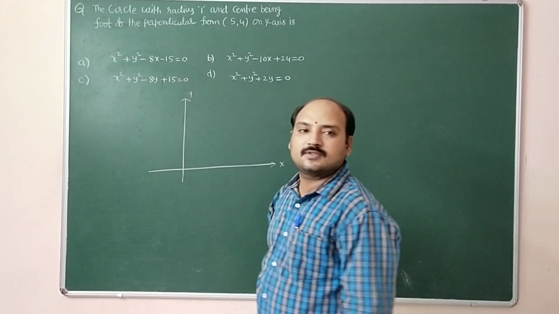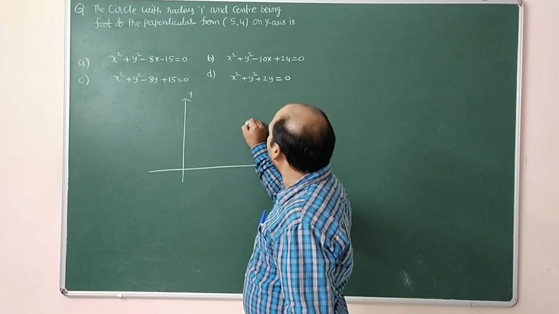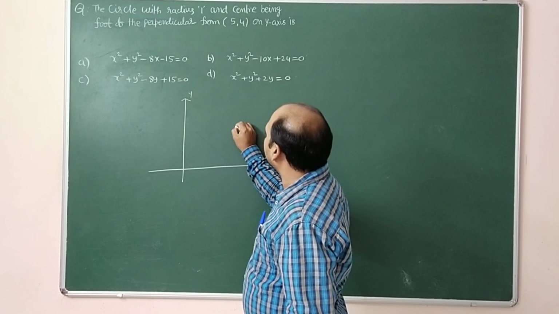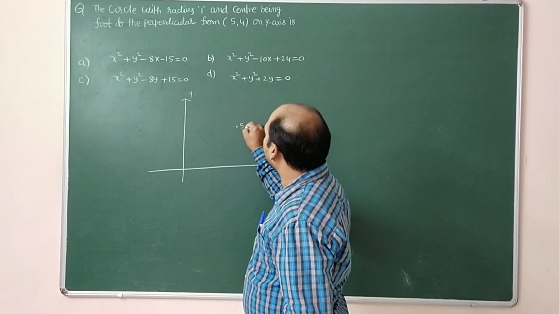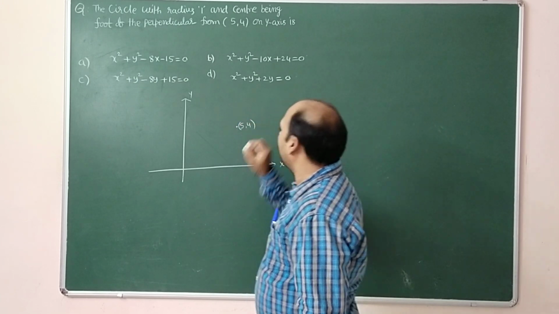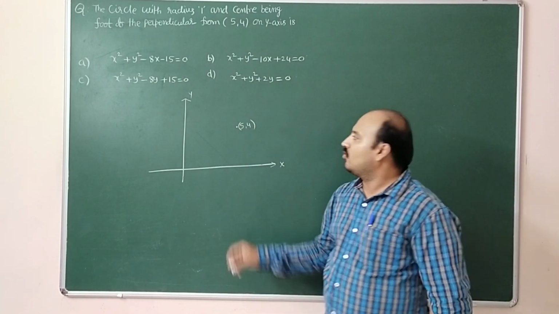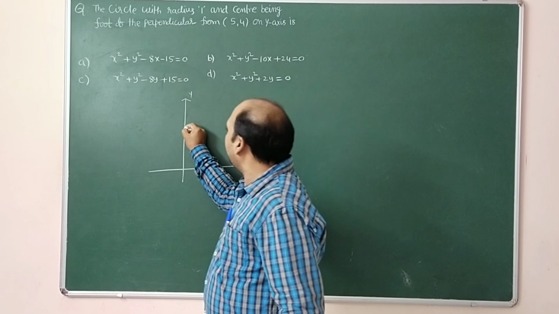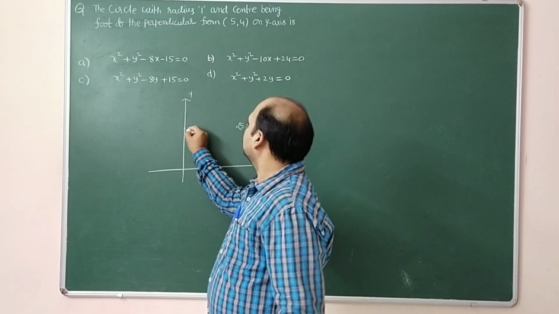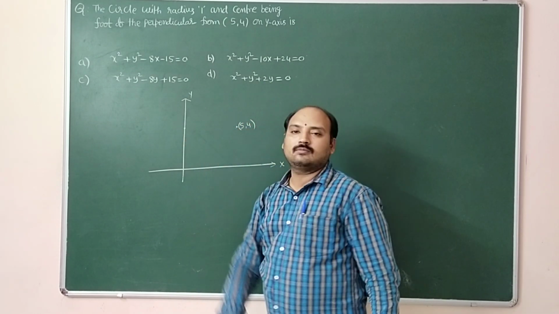X-axis, y-axis. Here I am taking that (5, 4) will be here. (5, 4). From this point, the foot of the perpendicular will be here. This is the foot of the perpendicular.